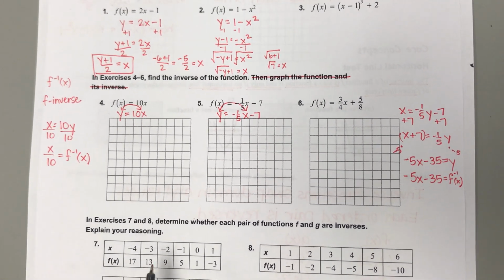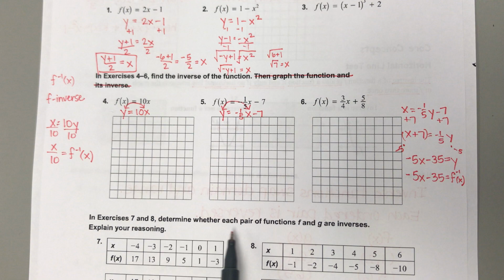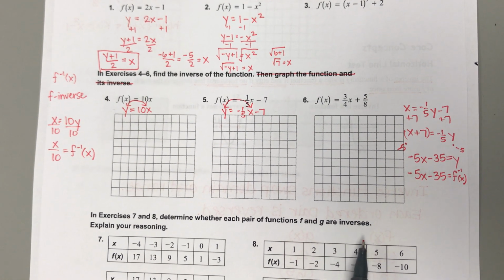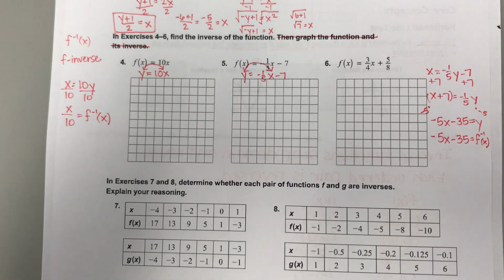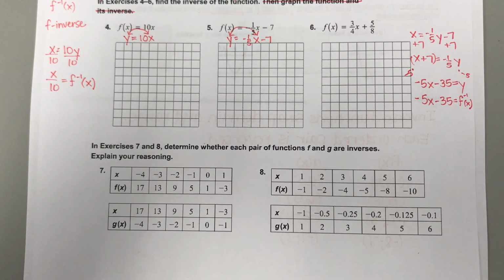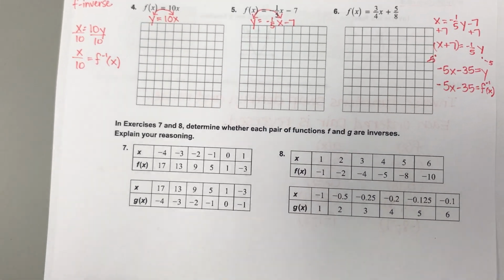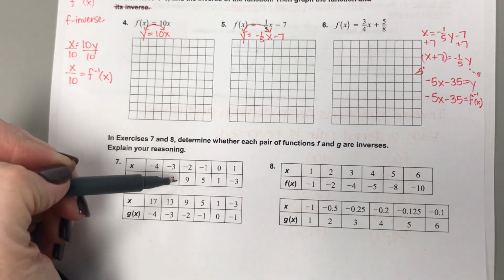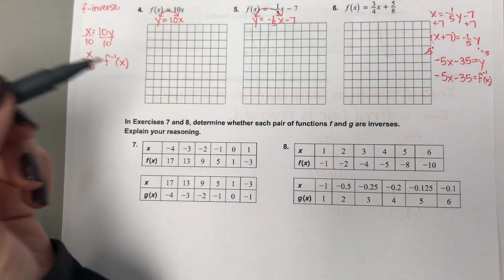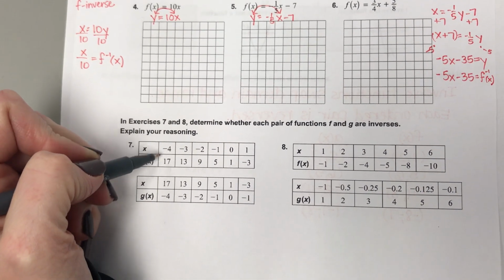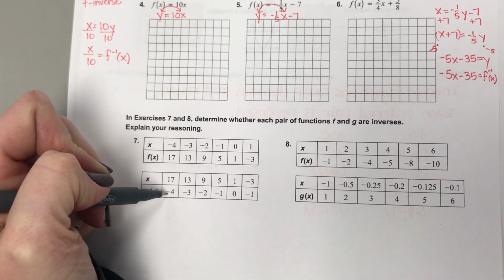Now, these last two problems on this page ask us to determine whether each pair of functions are inverses. That's what we were talking about with the ordered pairs earlier. So we want to go through every one of these ordered pairs and see that it's in reverse, that the x and the f of x are swapped. So here I have negative 4, 17. Here I have 17, negative 4.